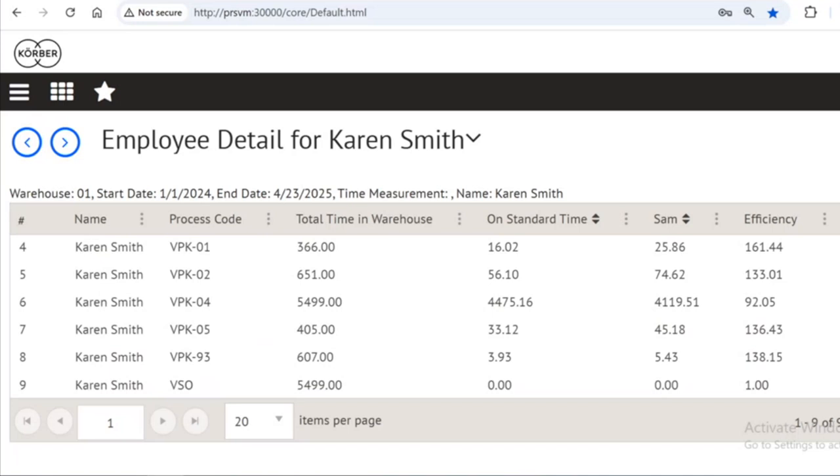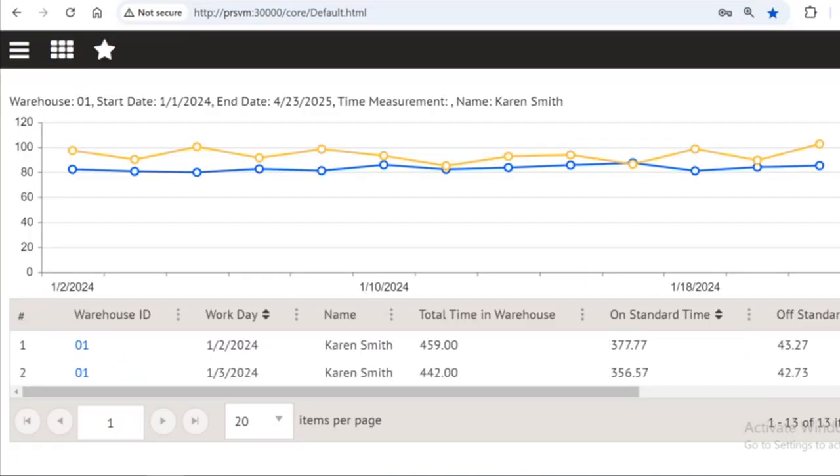For example, here, I can see this employee is mostly working in a voice pick process across several different zones. I can see that in many of the zones, they're actually operating well above our efficiency expectation. But for some reason, in the O4 zone, where they spend most of their time, they're actually falling below our expectation.